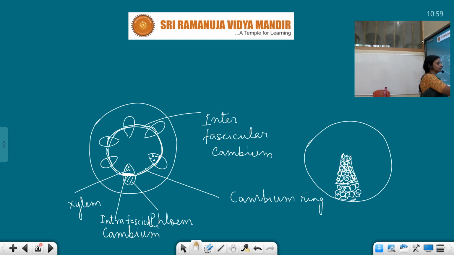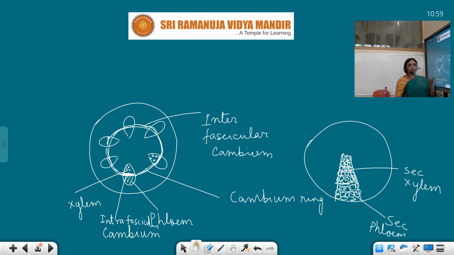This is how. This is secondary xylem, and this is secondary phloem. So due to the activity of the cambium ring, which has two types of initials, ray initial and fusiform initial, the fusiform initial is forming secondary xylem and secondary phloem.